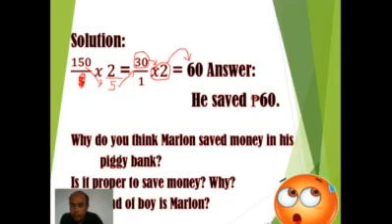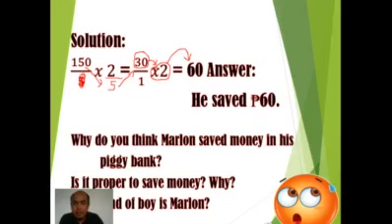So now, why do you think Marlon saved money in his piggy bank? Is it proper to save money? Why? What do you think? What kind of a boy is Marlon?